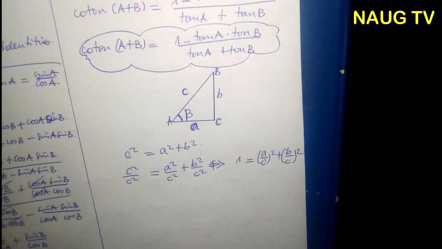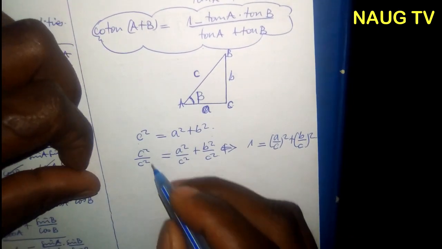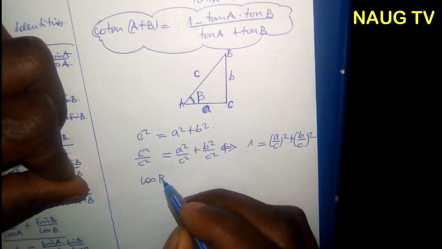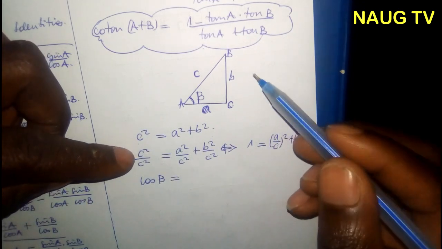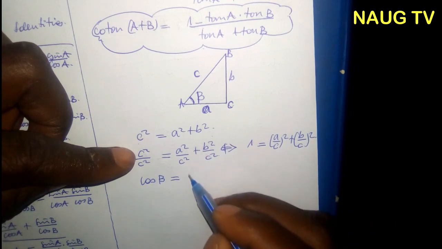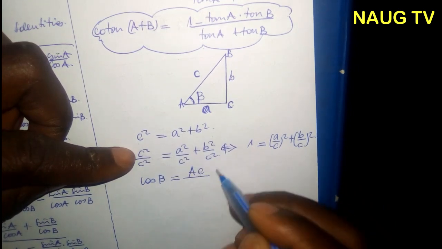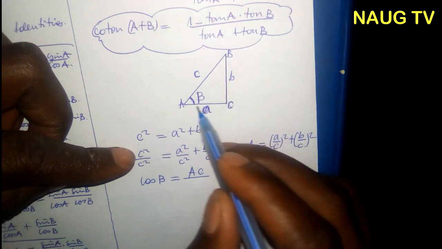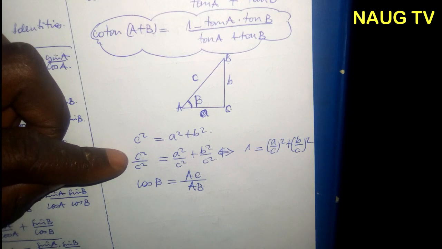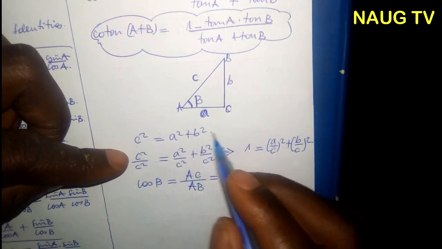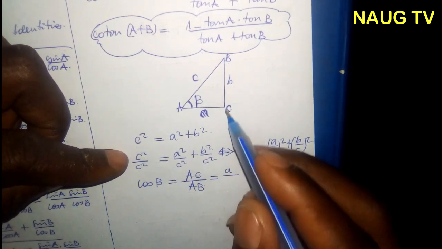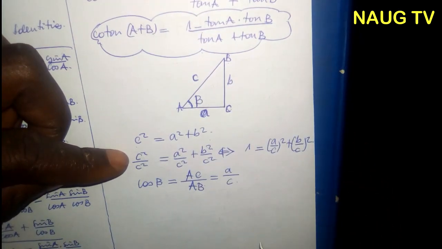Now, I think we know that cosine of beta is equal to the adjacent side, the side AC, over AB, right? And this would be equal to a over c, right?